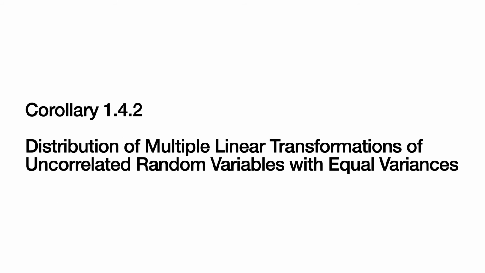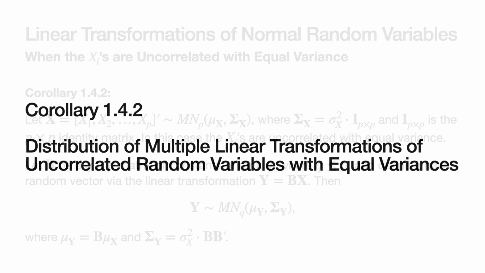And so this is Corollary 1.4.2, which gives us the distribution of multiple linear transformations of uncorrelated random variables, all possessing the same variance.